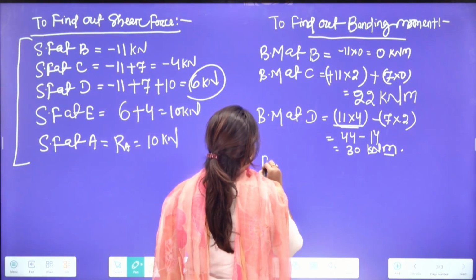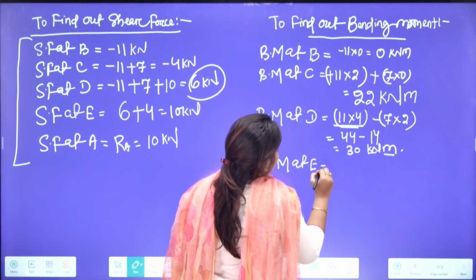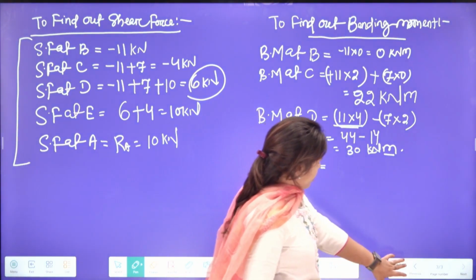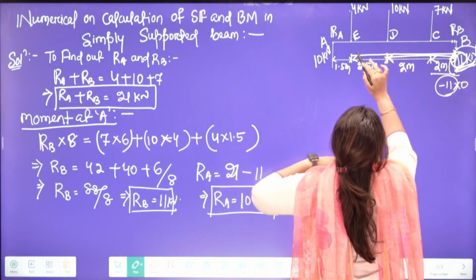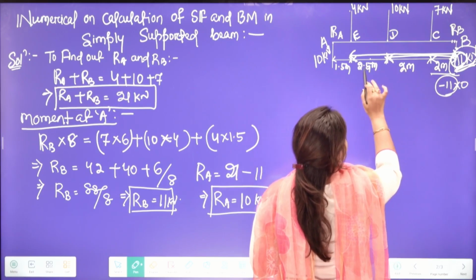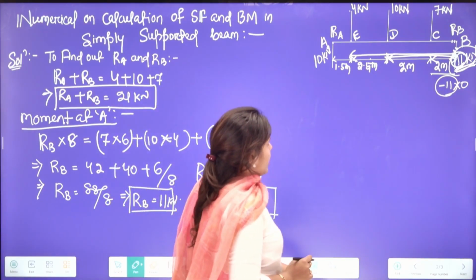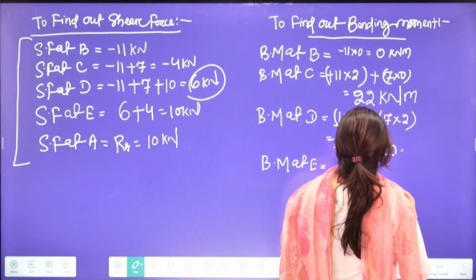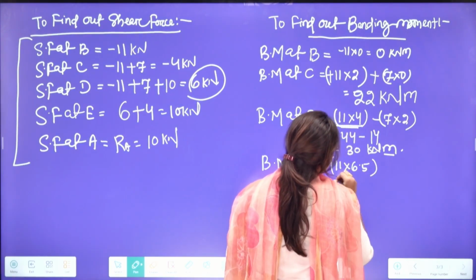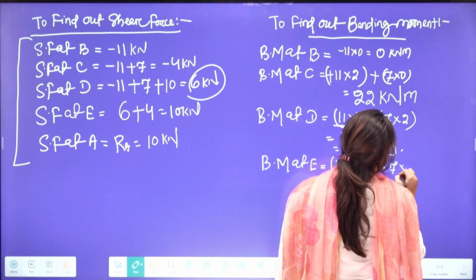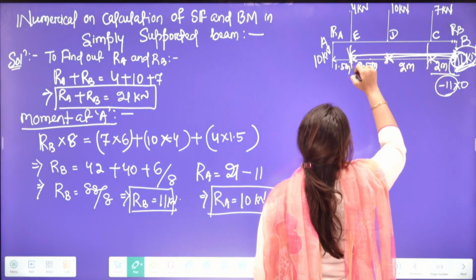Okay. Next, bending moment at point E. So, to multiply the whole distance, this to this. This is 2 plus 2 plus 2.5. Your 6.5 into 11. So, 11 into 6.5 minus 7 into this distance, this to this.